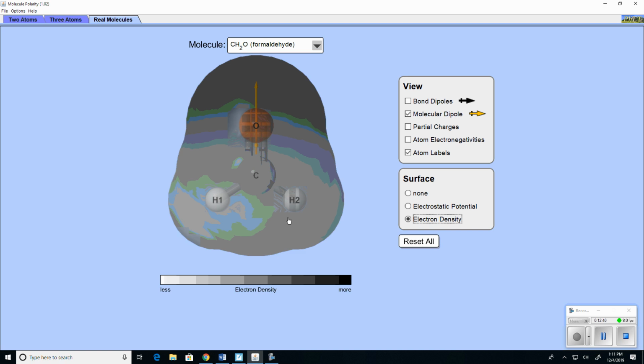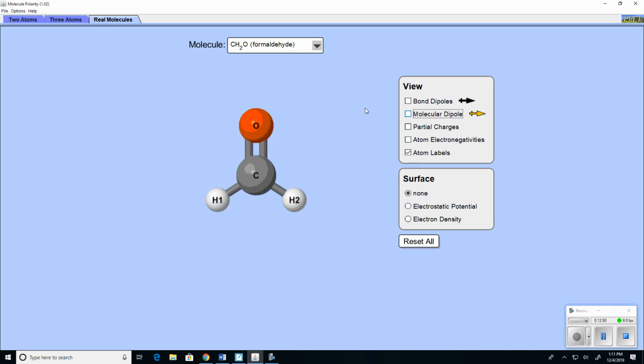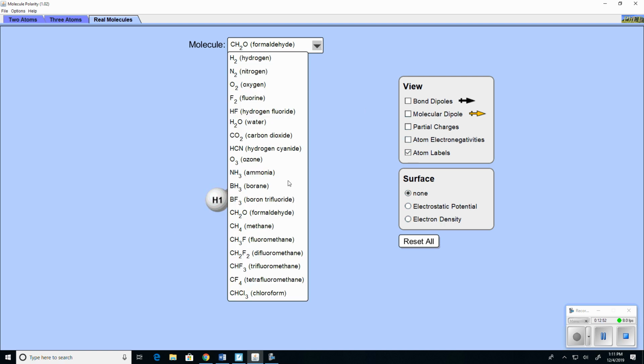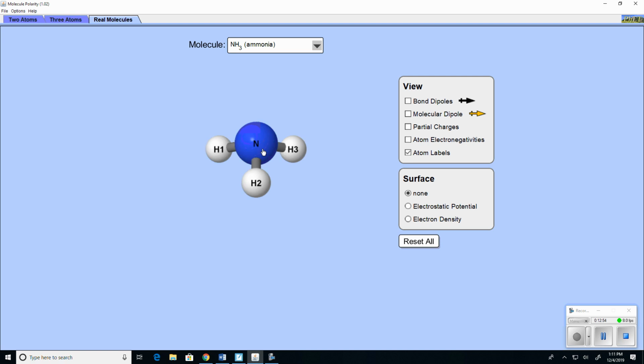And there's one last problem to do. For number 19, it says choose NH3. So again, I'll get rid of all the other labels here for a second. NH3 is ammonia. Here's a nitrogen and 3 hydrogens. Molecular dipole? You bet it does.